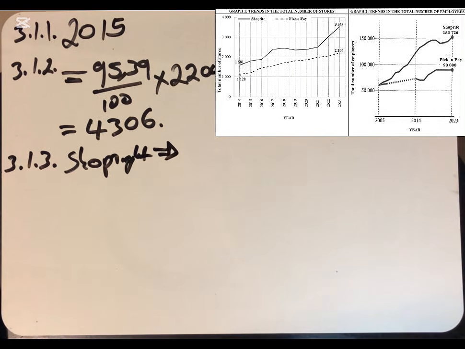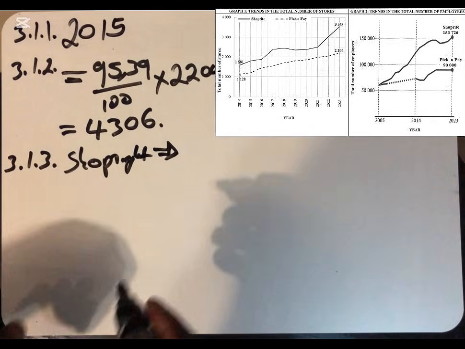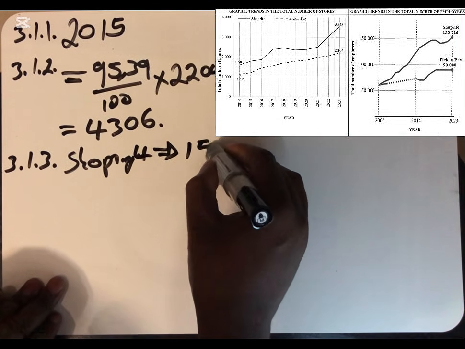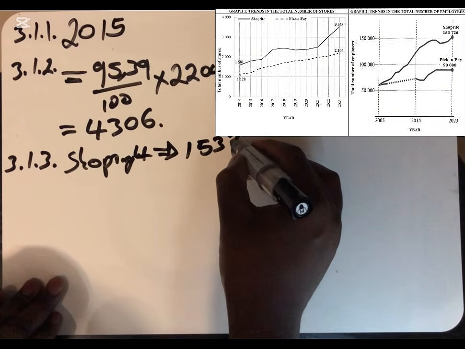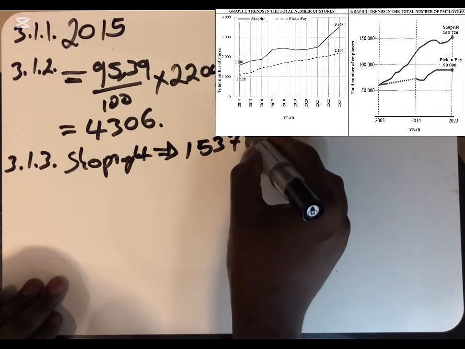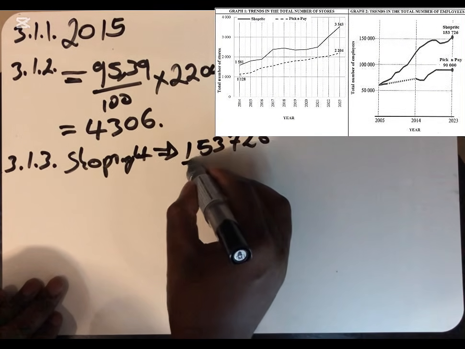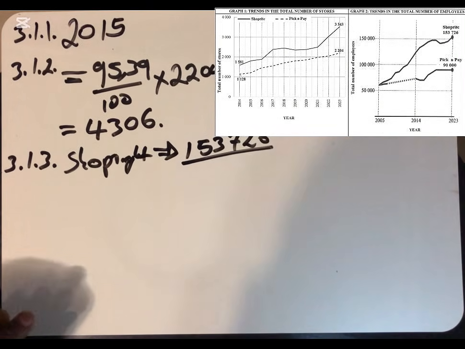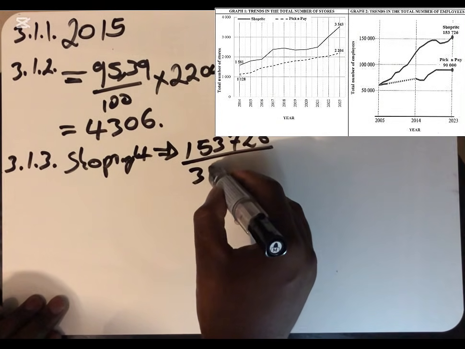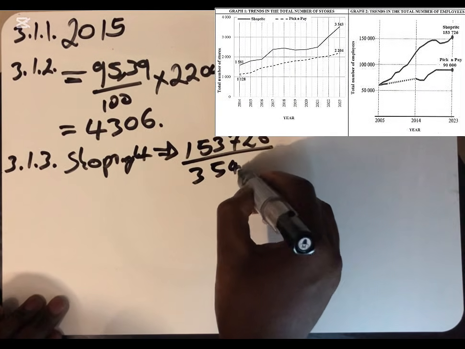If you look at this graph here, you can see that ShopRite had this amount of employees, which is 153,726, divided by the number of stores. How many stores do we have? We are having 3,543.